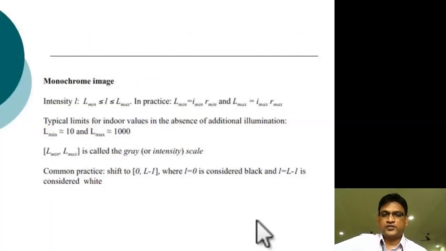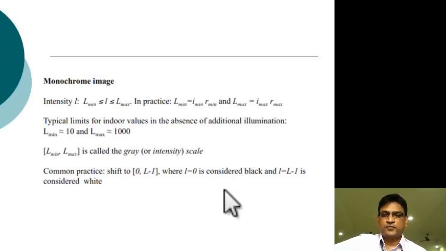The energy coming in, the illumination component and the reflectance component, all of these are to be generalized in the form of a range. For that we take L minimum, where L equals I into R with minimum values, and L maximum with maximum values.